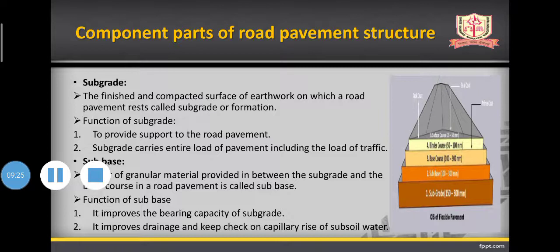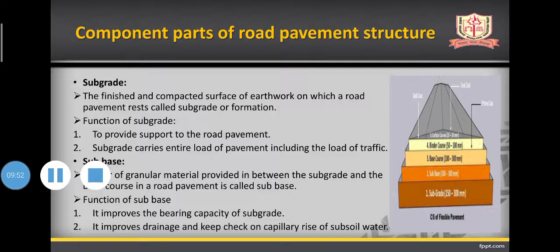Another function is to improve the drainage and keep a check on the capillary rise of the subsoil water. What is capillary rise? Capillary action means that in the ground you can find some water. After a rainy season, that water tries to come out in an upward direction.